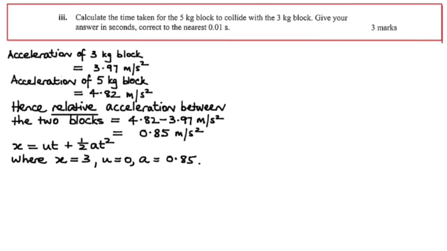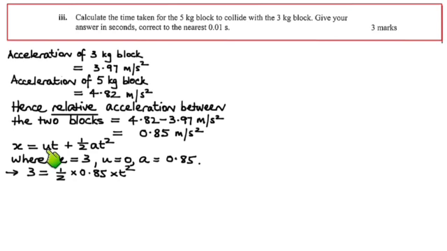Okay? So therefore we can just use the old constant acceleration formulas. x equals ut plus a half at squared, where x is 3, u is 0, and a is 0.85 relative, guys. And it's just as easy as that. So we've got 3 is a half at squared because u, the relative u, was 0 of the rear block that's catching up to the front block.